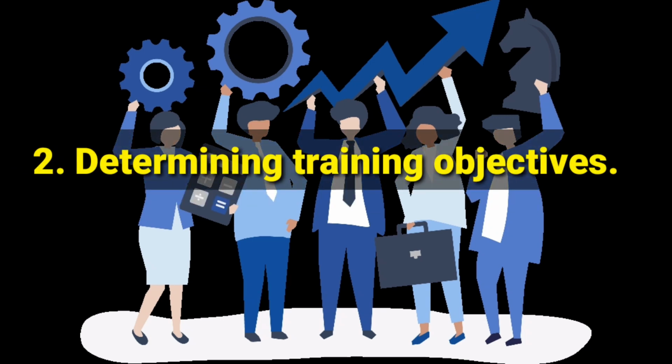The next step is determining training objectives. After identifying the need for training, the next step is to set priorities and objectives of the training. And when you're setting or determining the training objectives, you should look at the urgency of matters. For example, there is need to develop new leaders and introduction of new technology as the reasons for training.